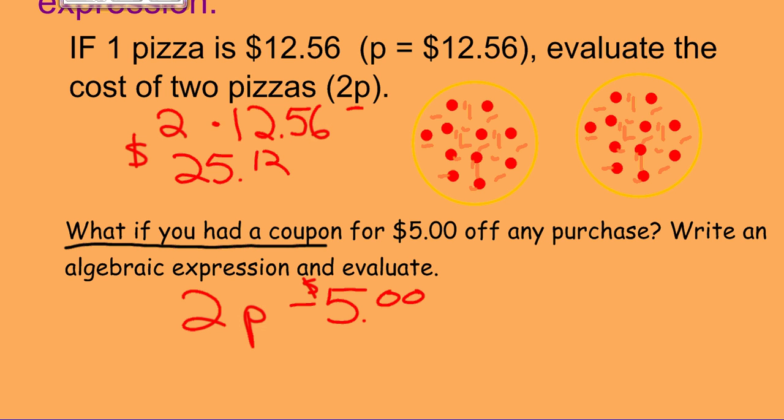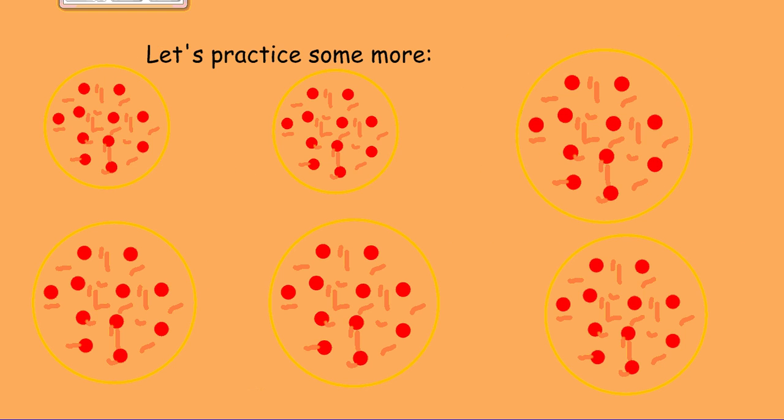Okay, now plug in the value for p and try to solve. What did you come up with? It should have been $20.12. Okay, let's move on to the next problem.